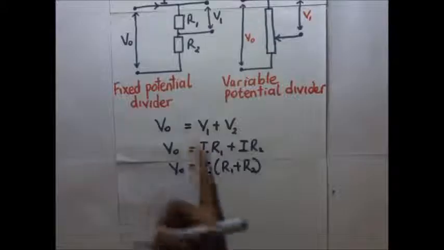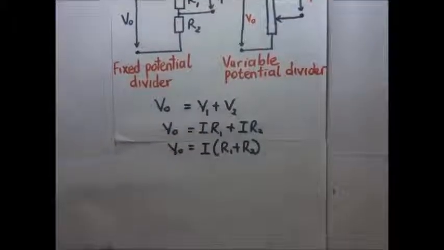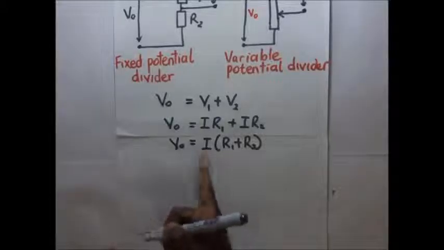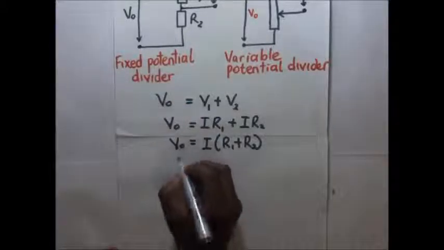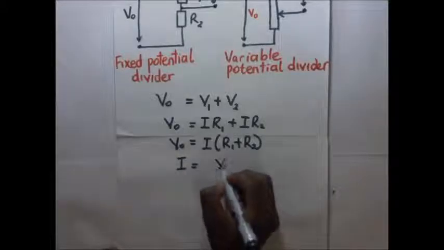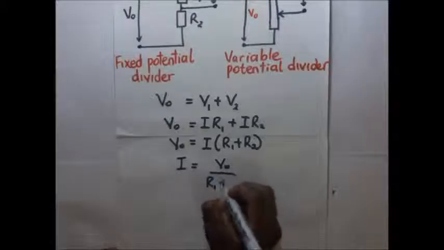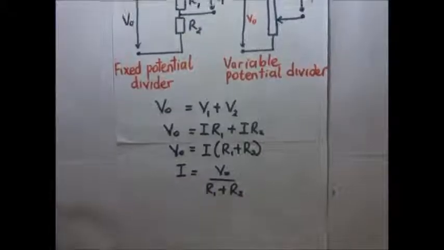So if we make I the subject of the formula, the amount of current flowing through that circuit is going to be I equals V0 over (R1 plus R2).